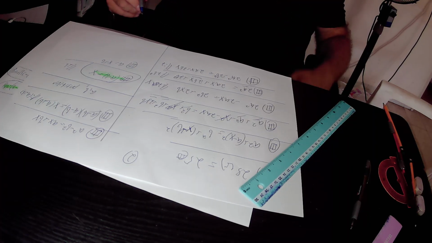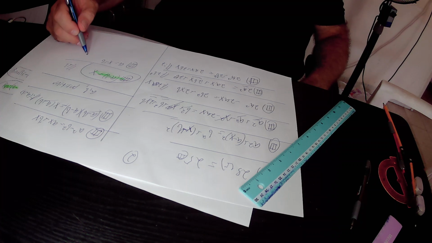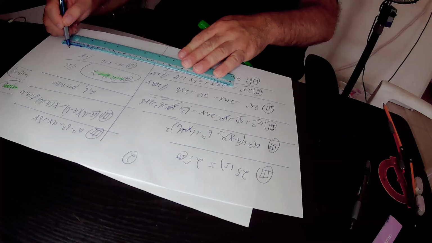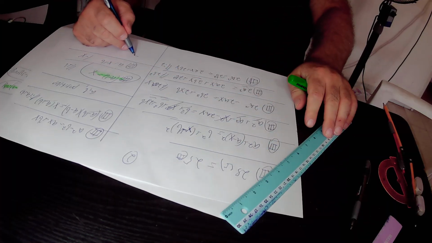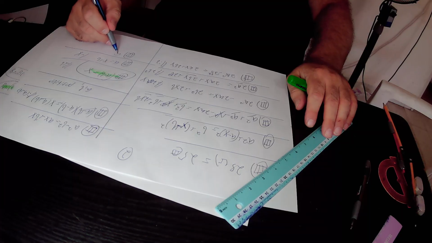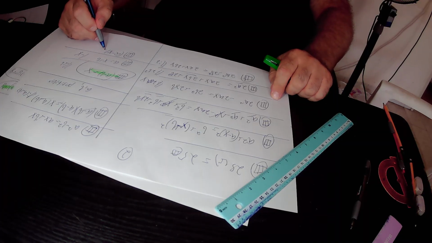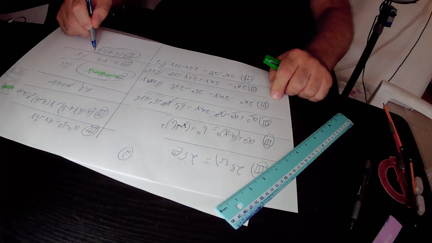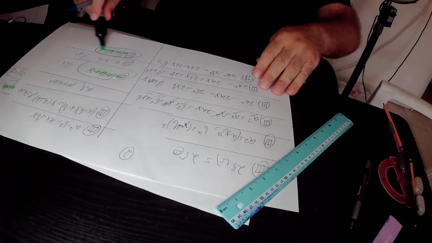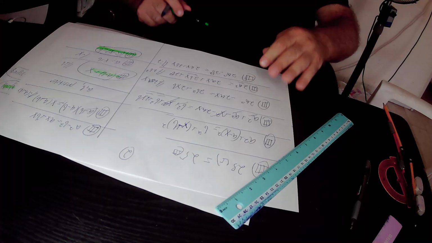Here we will subtract x from this equation 3, and we get that according to equation 3, a minus x equals b. According to equation 3, we found out that a minus x equals b, and a minus b equals x.